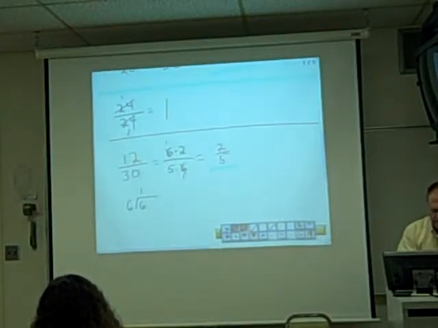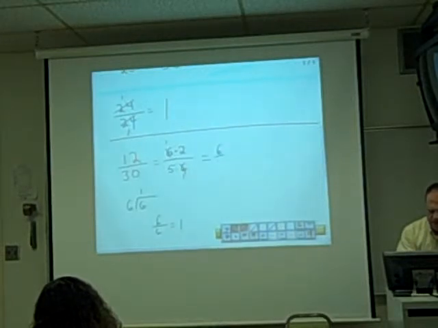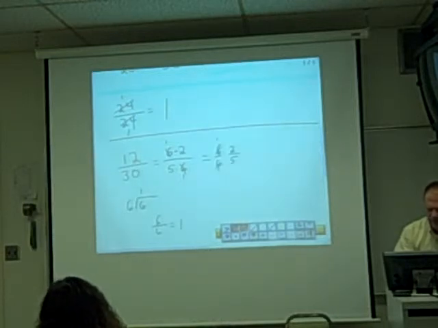Or if you said 6 over 6 like this. Okay, so in other words, we could have broken this fraction up into 6 over 6 times 2 over 5, and see, that gives you the same thing.